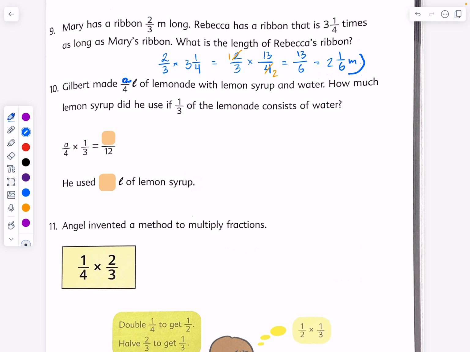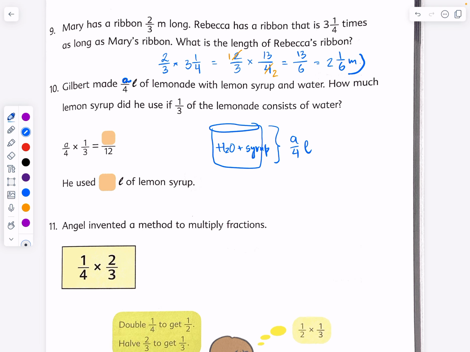So we have a beaker, right? And altogether, he made 8/4 of a liter of lemonade using some quantity of H2O plus syrup, right? That's the recipe, water plus syrup. How much syrup did he use if 1/3 of this lemonade is water?